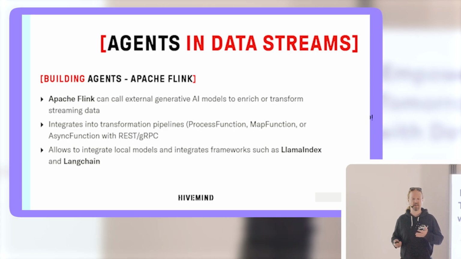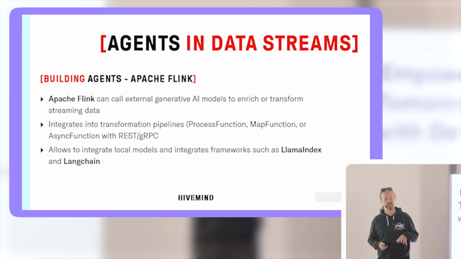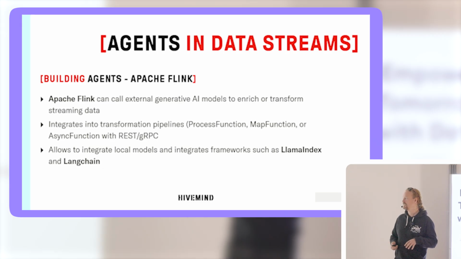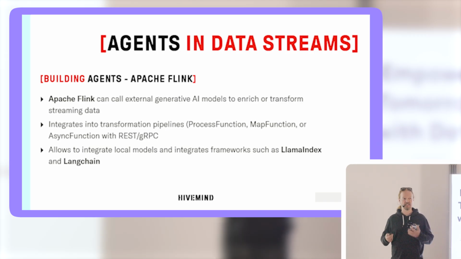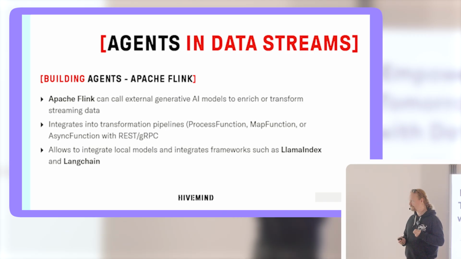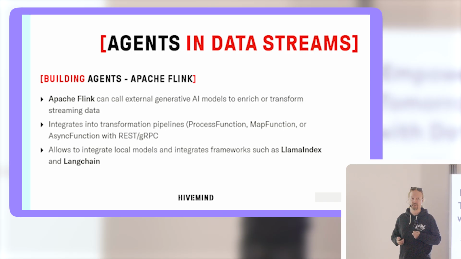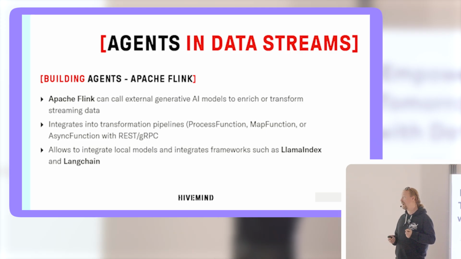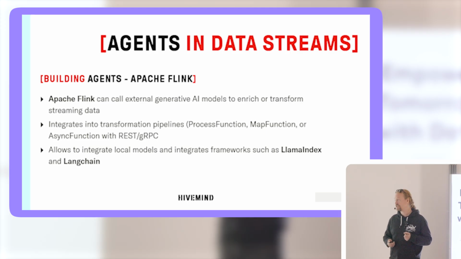there are simple ways to do that. Apache Flink is one of them. You don't necessarily have to build your agents in Flink, but here it's fairly easy because it has good integration. It can integrate large language model calling functions as RPC or async functions.